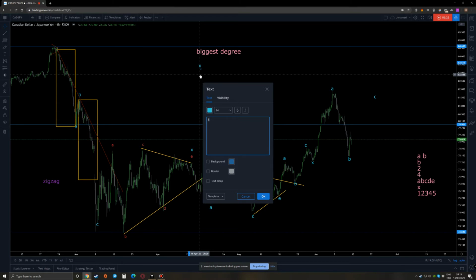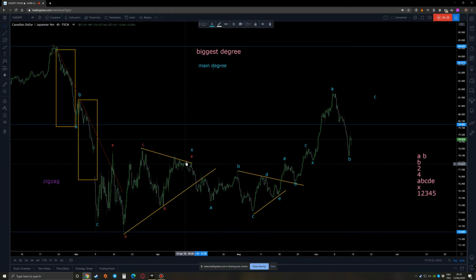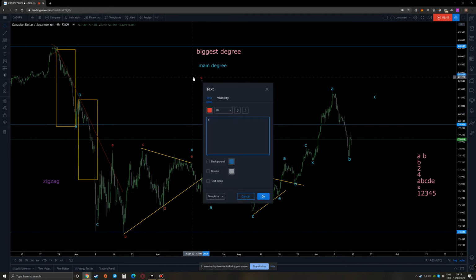And because I have the blue the most, I will say this is the main degree I'm talking about. And I can say that in red, we have a smaller degree. Okay, you should never forget this.